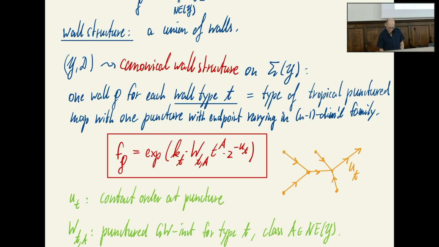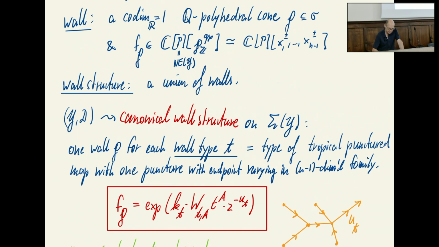And that comes with an outgoing contact order, u_T, that I try to draw here. And for some reason, you need to put a minus. So z to the minus u_T, I'm changing notation again a little bit, is an element of this Laurent polynomial ring here. So obviously, u_T is contained in the hyperplane that locally is cut out by the varying endpoints, because it's tangent in there.